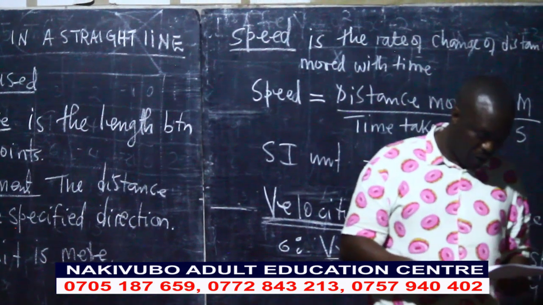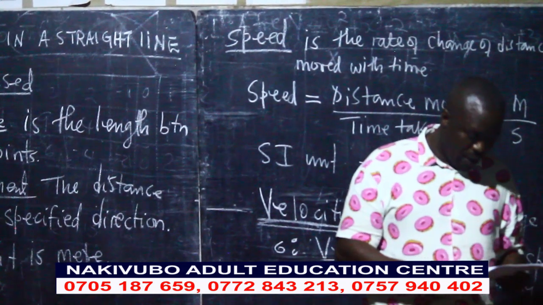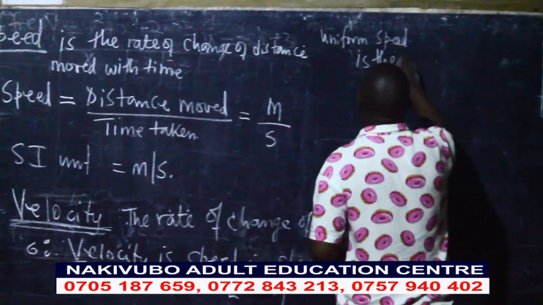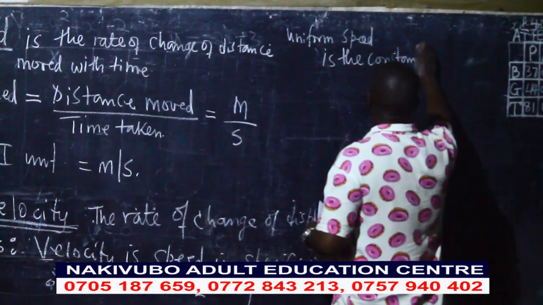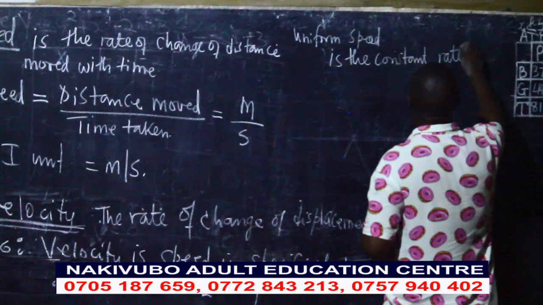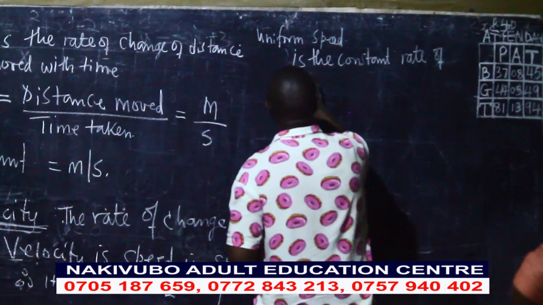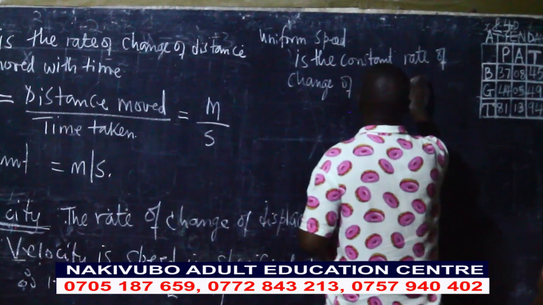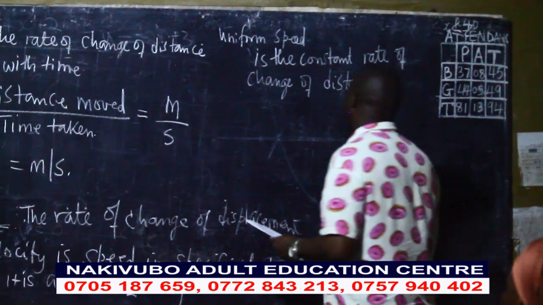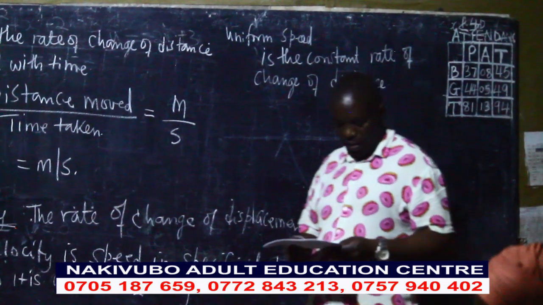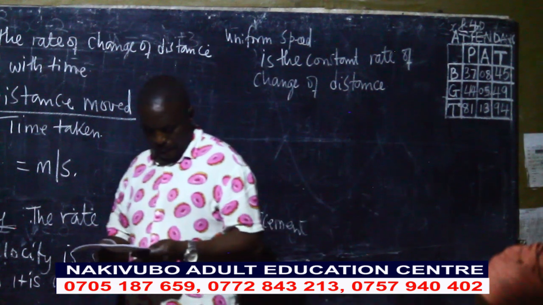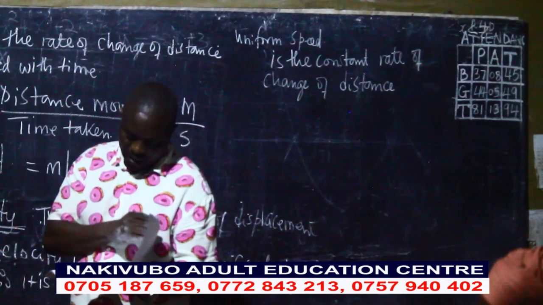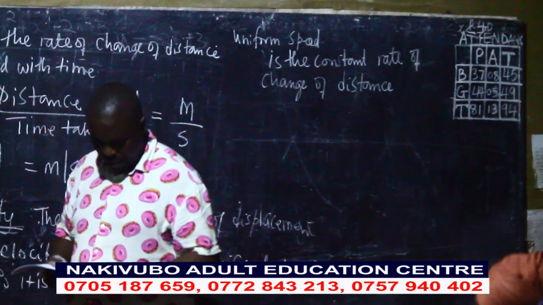You are moving uniformly. So uniform speed is the constant rate of change of distance. All together? Yes.